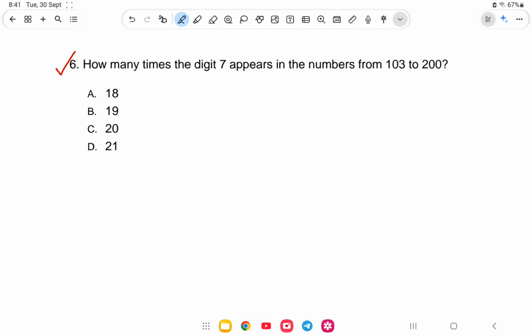So first question, how many times does the digit 7 appear in the numbers from 103 to 200?